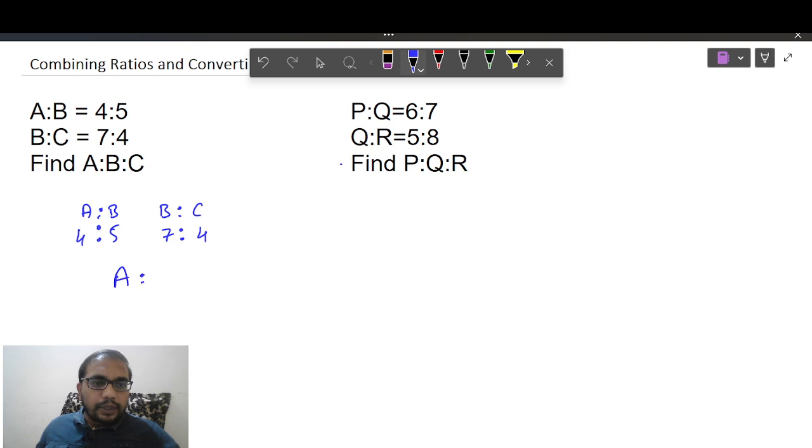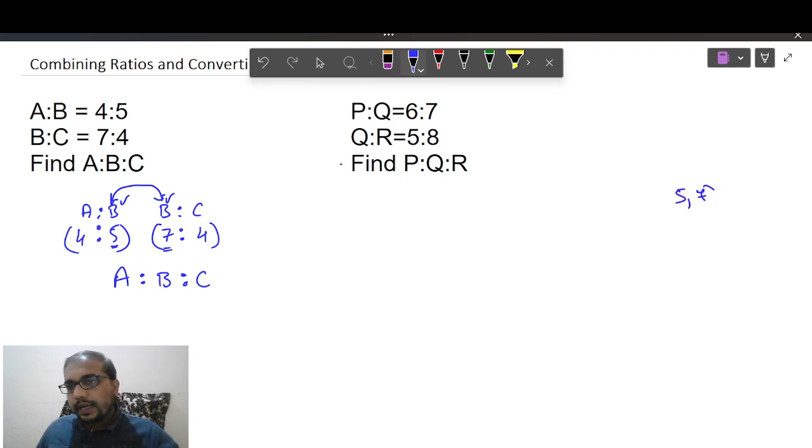If you want to combine these two ratios and find out the ABC value, you should make this 5 and 7 the same, because the B variable is common in these two ratio terms. That means this is establishing the relation between these two ratios. So here 5 and 7 you need to make the same.